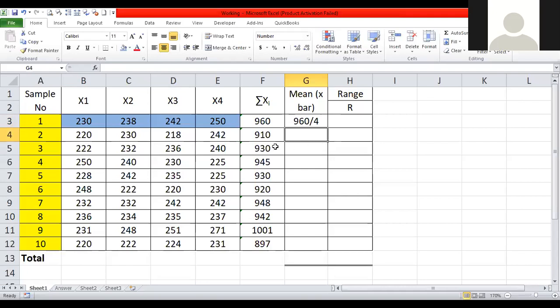Therefore, in that way you have to get the average for all the samples. So quickly get the average for all the samples, then we can continue. Maintain 2 decimal places.